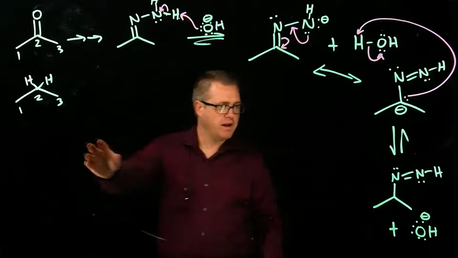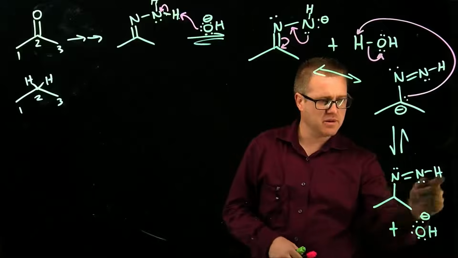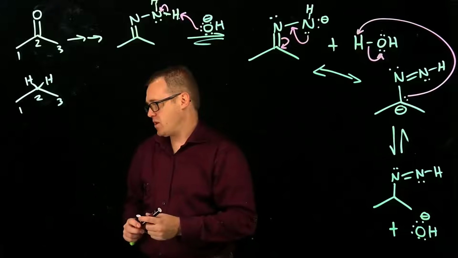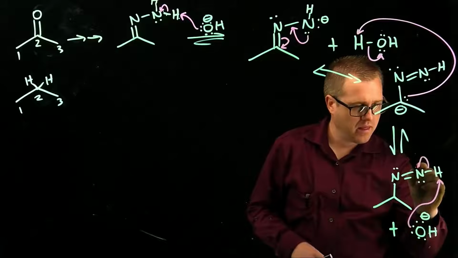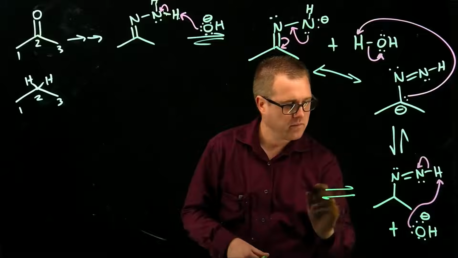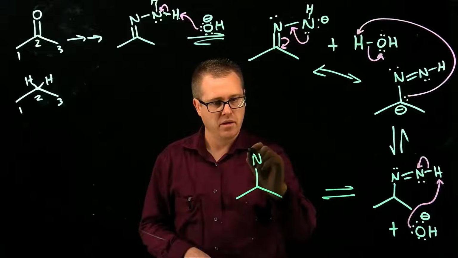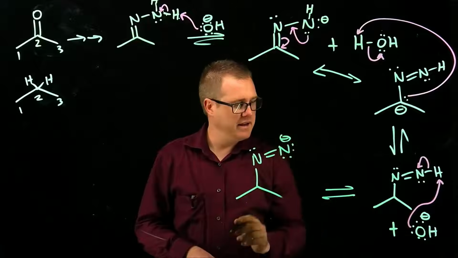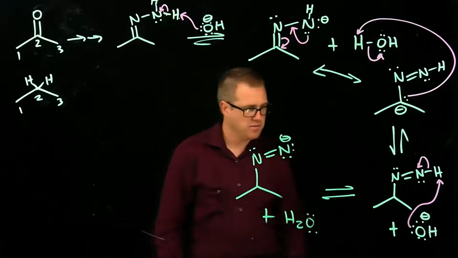Okay, are we to our product yet? Not quite. We need to somehow get rid of this right here. So we've just generated the base, and so that's going to then rip off that hydrogen. So that will be, it would have to be negatively charged, and then we just regenerated some water.